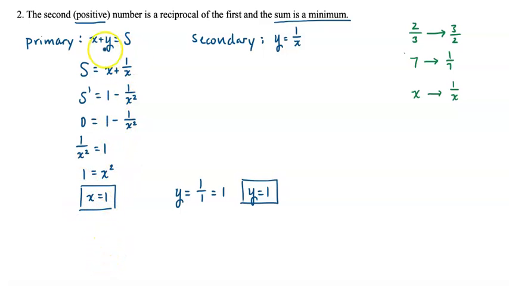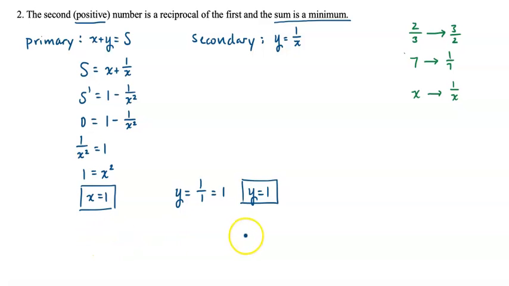And does this make sense? I want my second positive number to be a reciprocal of the first because we know that 1 over 1 is just 1, so 1 is a reciprocal of 1. I want their sum to be a minimum. And we can see how any two numbers larger than this, say we have x of 2, a y of 1/2, well 2 plus 1/2, which is 2.5, is larger than 1 plus 1, which is 2.